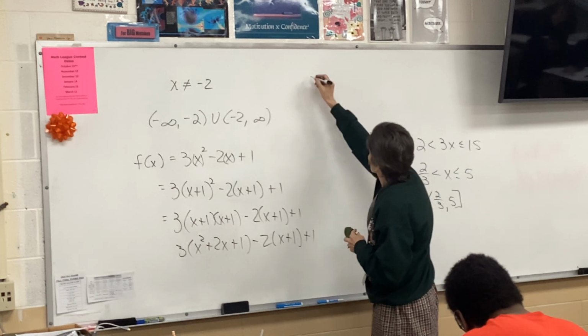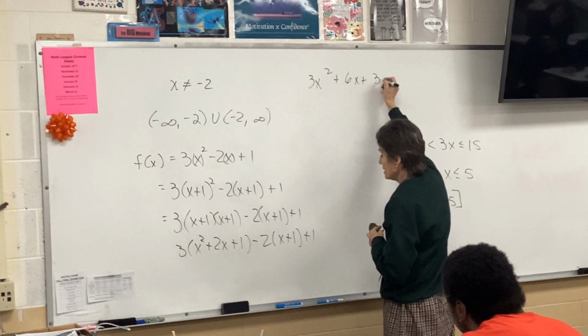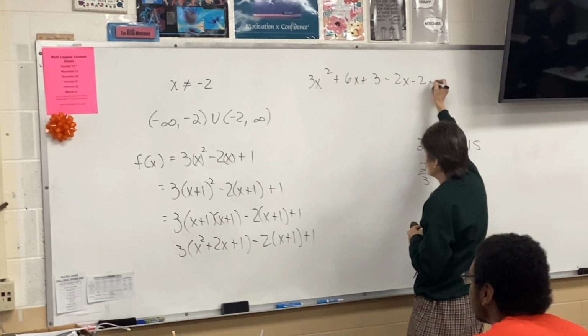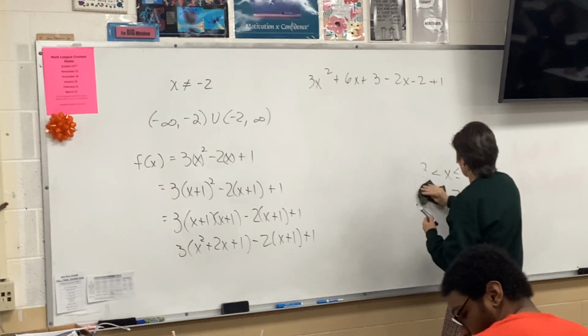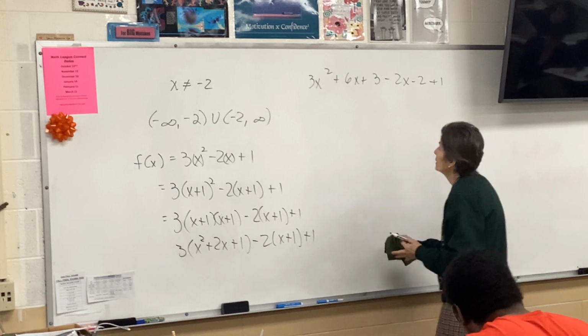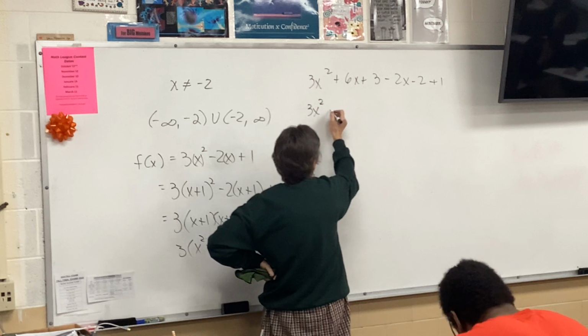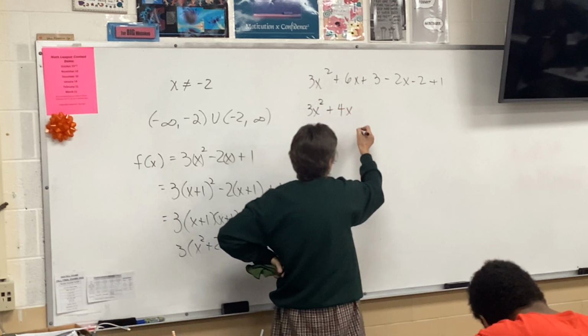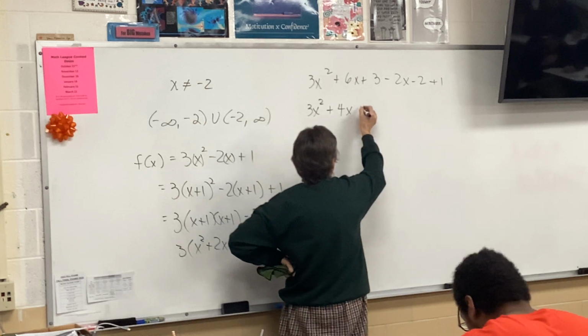Okay, so we've got 3x squared plus 6x plus 3 minus 2x minus 2 plus 1. So it looks like 3x squared plus 4x plus 2.